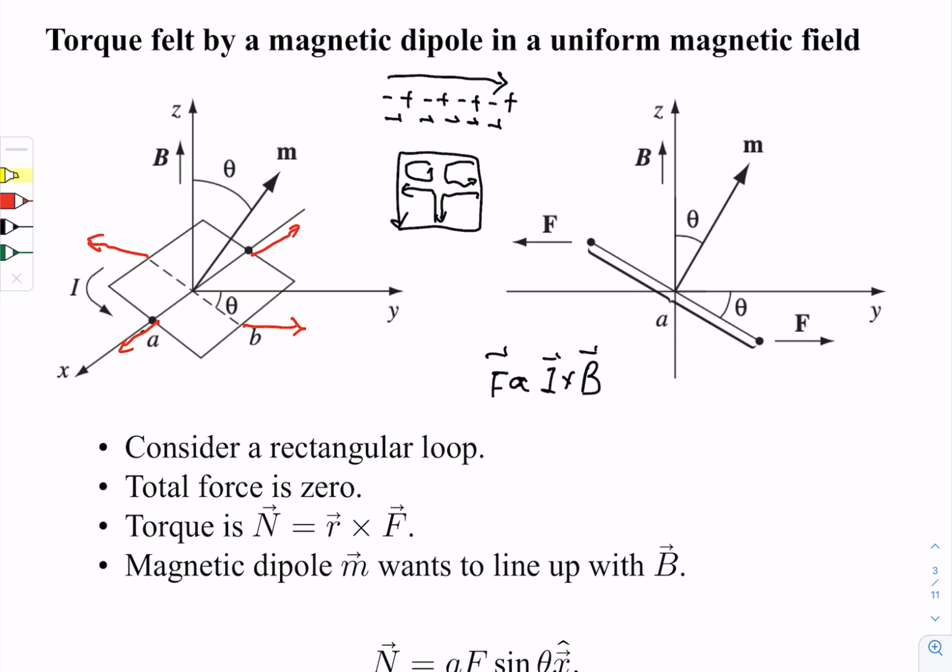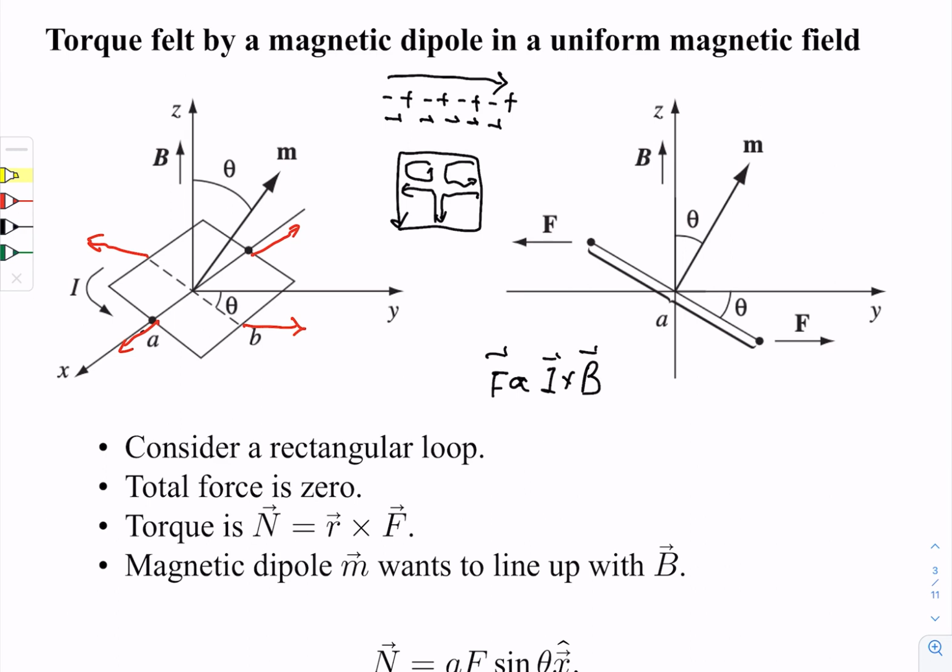However, similar to the electrostatic case, even though the total force is 0, there is still a net torque on this magnetic dipole. The figure on the right hand side is looking from this angle over here. You can see that one is a force pulling to the left, another is a force pulling to the right.